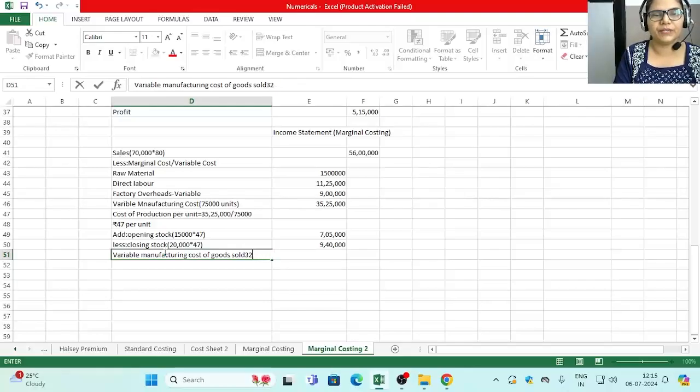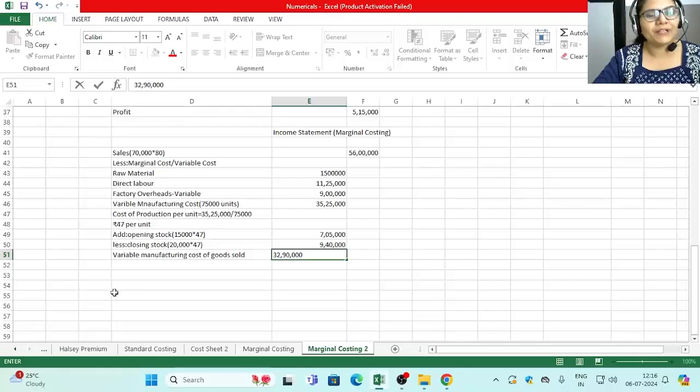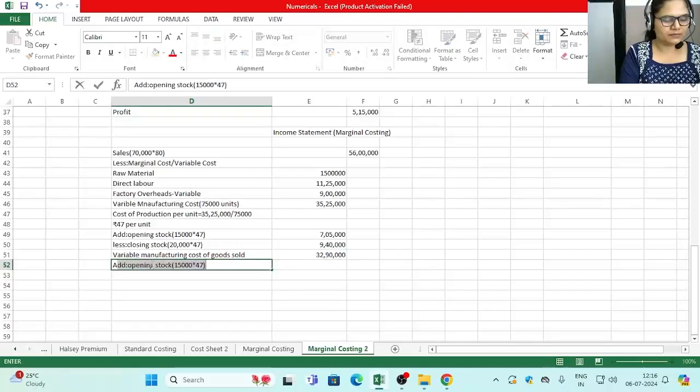Sorry, we need to mention it in a different column. 32 lakh 90,000. We will add selling overheads variable, which is 3 lakh 75,000.